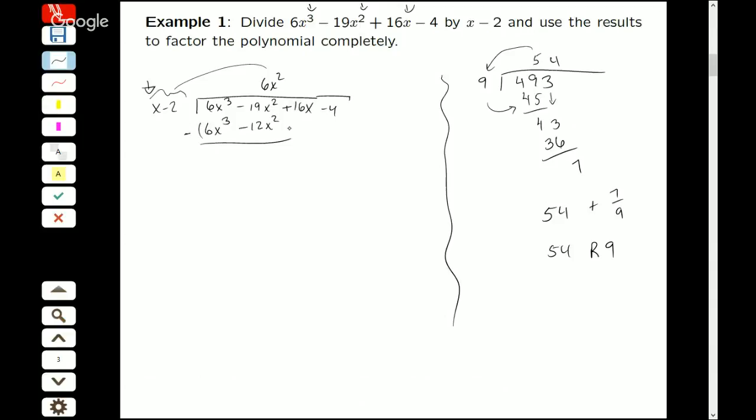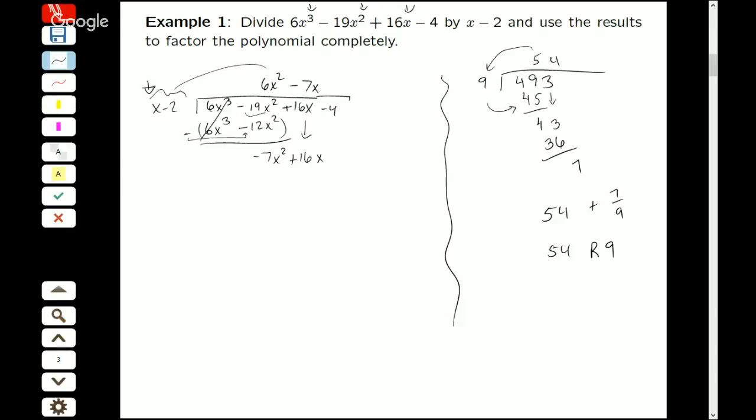Now we subtract it. What is 6x cubed minus 6x cubed? 0, and that should always be 0. Then minus 19x squared, and I have a minus and a minus makes it a plus. So minus 19x squared plus 12x squared is what? Negative 7x squared. Bring down your next term. Start again. How many times does x go into negative 7x squared?